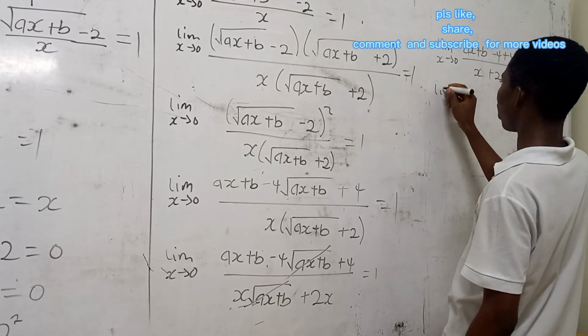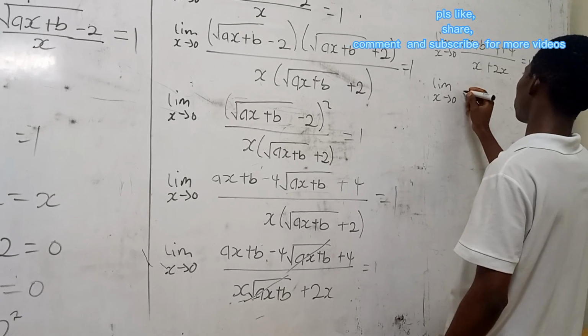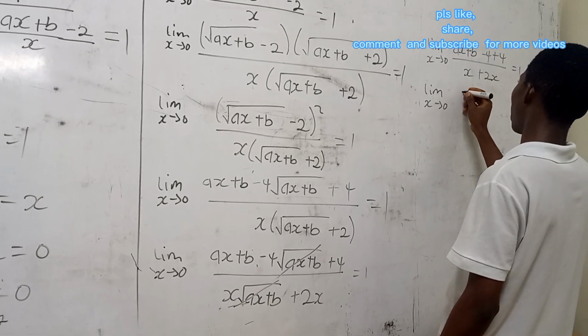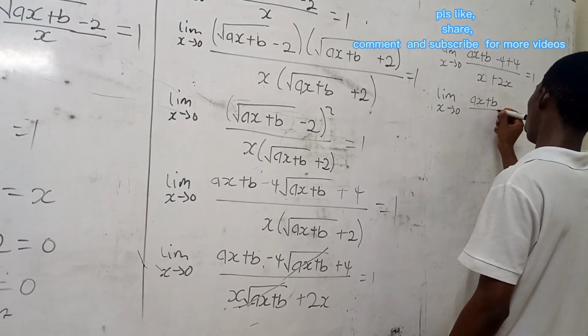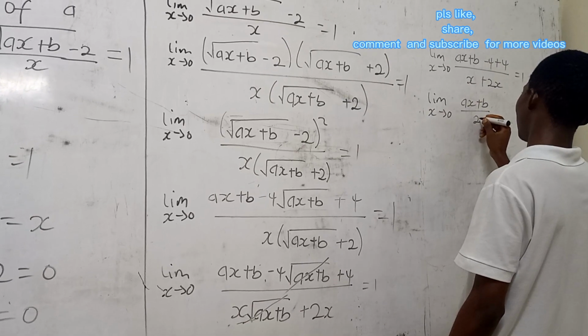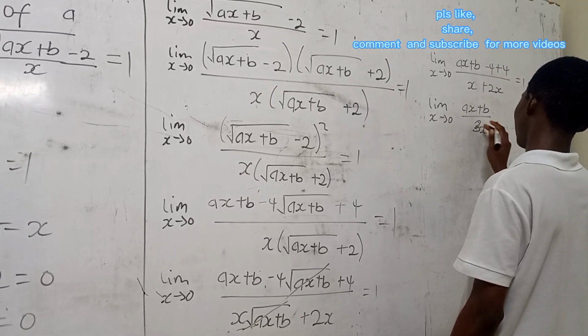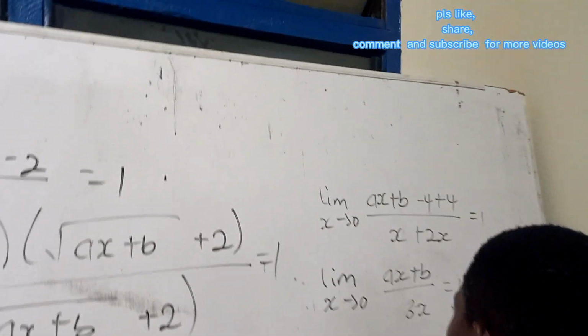So we have the limit as x approaching 0, then you have ax plus b all over x plus 2x, which will give us 3x, which is equal to 1.